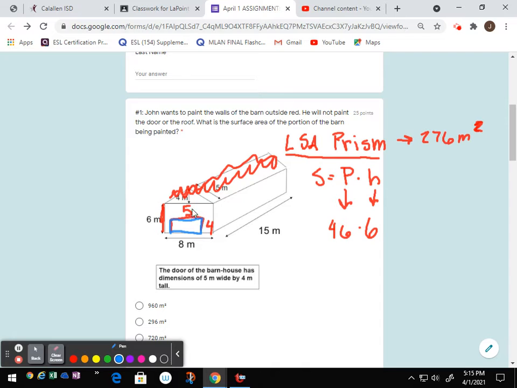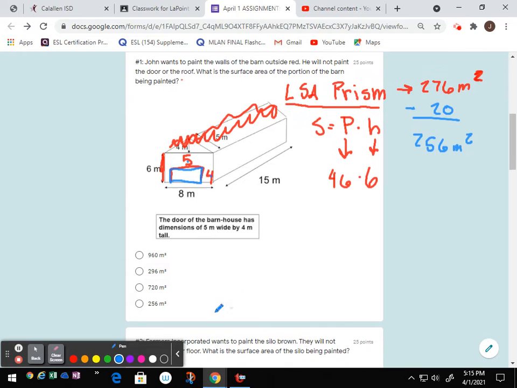The area of a rectangle is length times width. So we have 4 times 5, which we should all know is 20. We're going to subtract 20 from our total surface area because we're not painting the door. So 276 minus 20 is 256 meters squared that we are painting, which we can see is answer choice D for number 1.